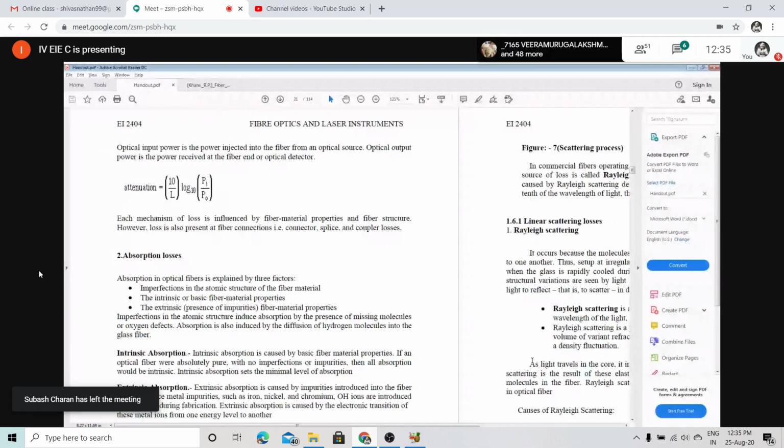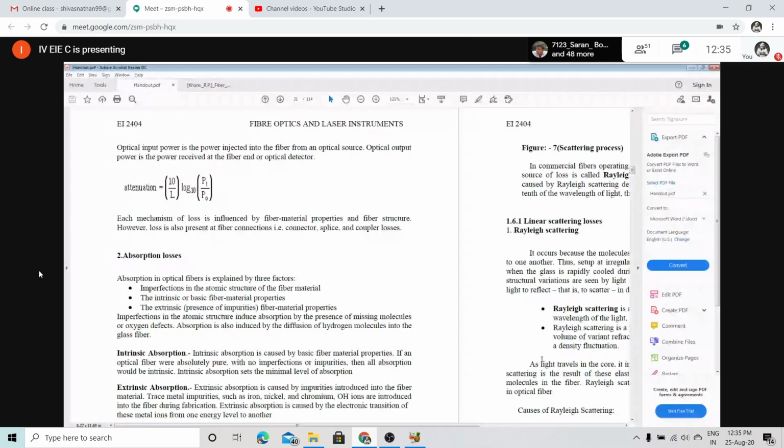Later we discussed the scattering losses. Under scattering losses we had linear and non-linear. Under linear scattering losses, we have discussed Rayleigh and Mie scattering, and for non-linear I gave you a simple introduction.